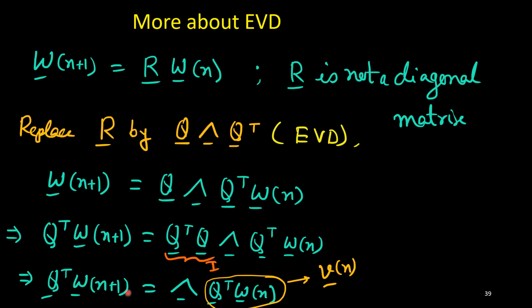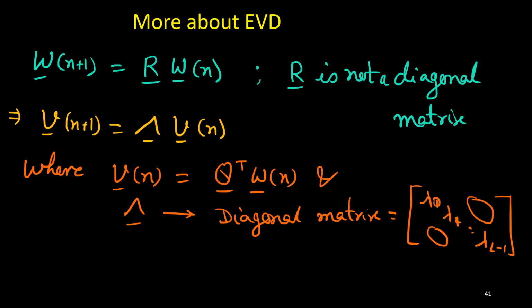Similarly, this one we can call V of n plus 1, because Q is a constant matrix, right? So the left side is V n plus 1, and the right side is capital lambda times Vn, where Vn is this transformation Q transpose Wn, and capital lambda is this diagonal matrix.